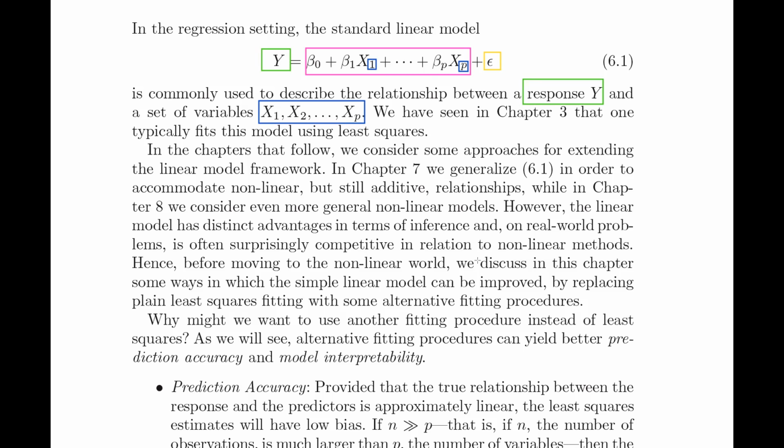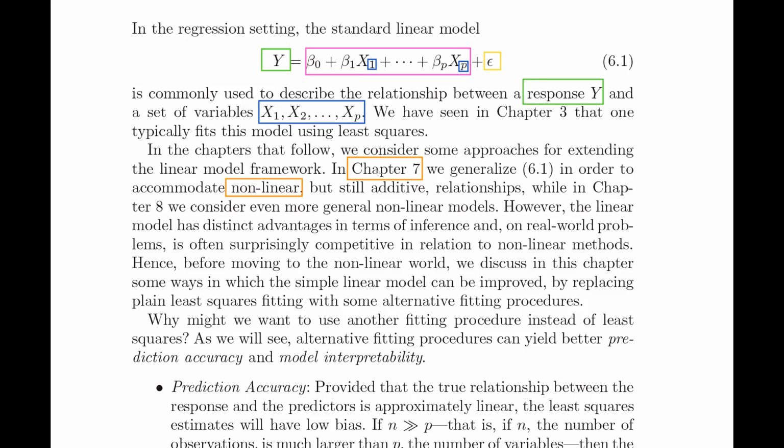In the chapters that follow, okay, so this is plural, we consider some approaches for extending the linear model framework. So we're going to go beyond linearity now. In chapter 7, we generalize 6.1 in order to accommodate nonlinear, but still additive relationships.